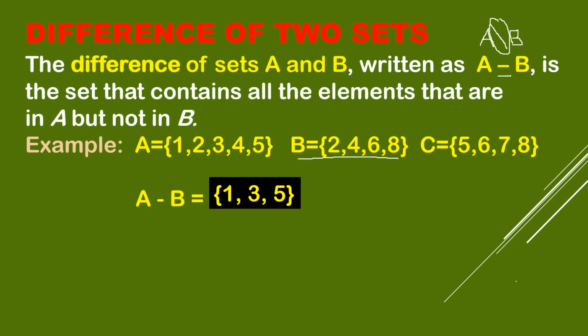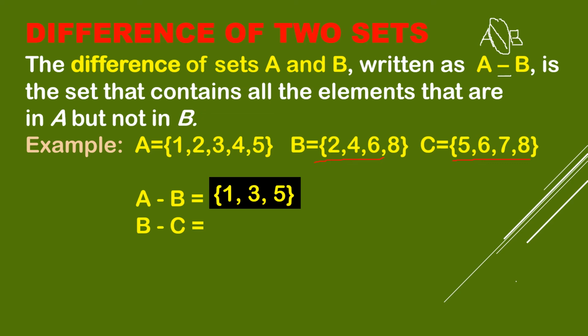Now, let's have the second one. B minus C. Pareho lang din kanina. So, titingnan natin si B at saka si C. Tatanggalin natin lahat ng elements ni C na nakay B. 5.